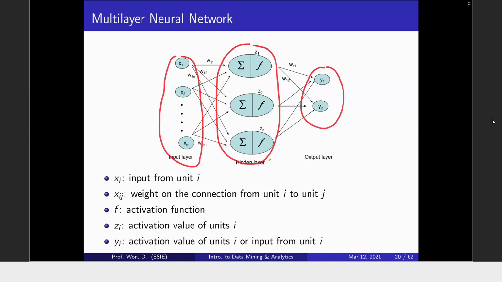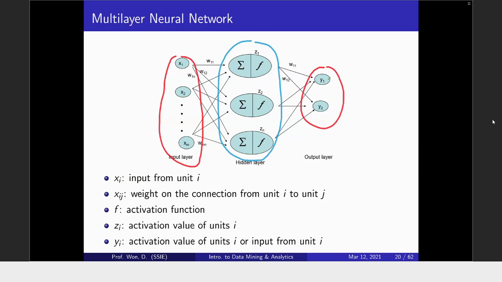Then you can also think about why this one is a hidden layer. Because the input layer and output layer are obvious. They totally depend on our data set. For example, the input layer depends on the data samples and the data dimensions, right? For example, how many features we have.